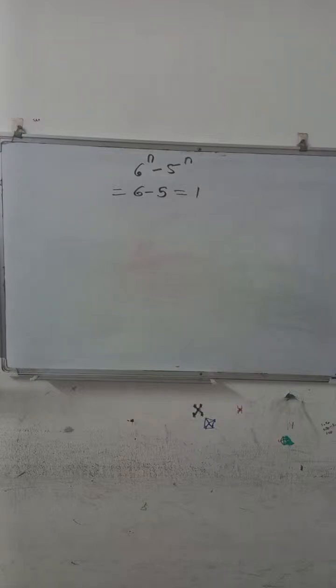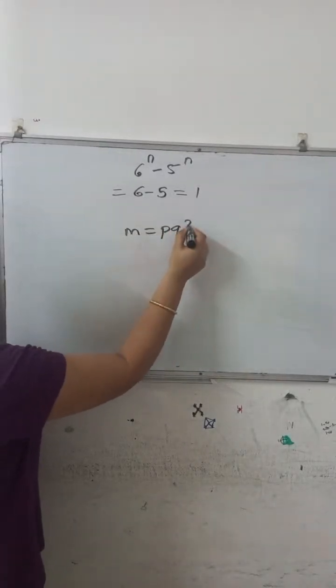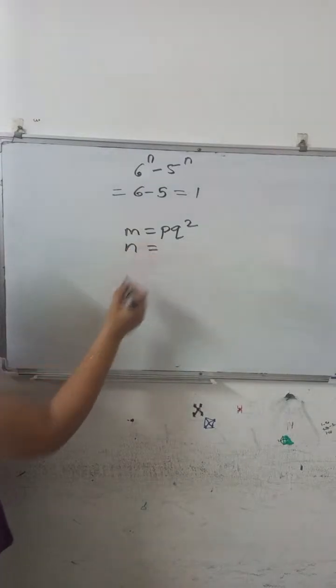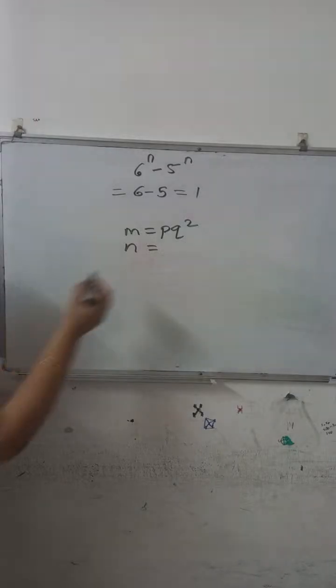Then I will read the next question. We did this question many times. Here m and n are expressible in the form m is equal to pq square and n is equal to p cube q square.